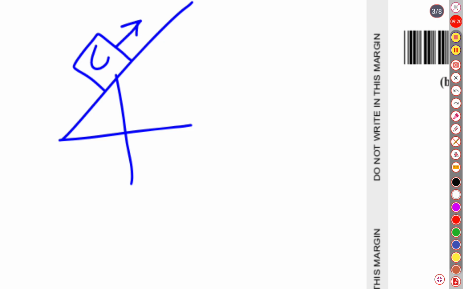Then this is normal reaction, which is at 90 degrees to the slope. After that, I think if I erase this portion, it will be better for you to understand. Let me erase this part, it is not necessary for us.